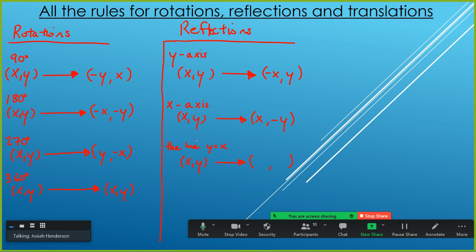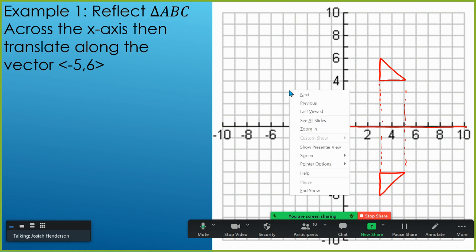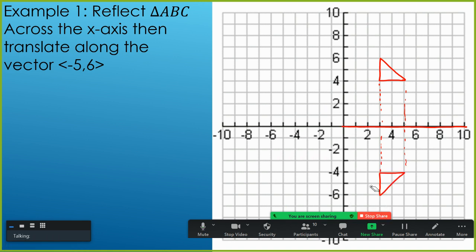This is where things get even weirder for these two lines, the line y equals x, and then after this, we'll look at the line y equals negative x. So we need to do both of these. I'm going to come back to the screen in a second. So this is where we're folding over the diagonals.